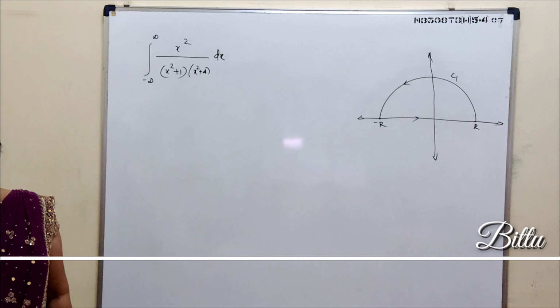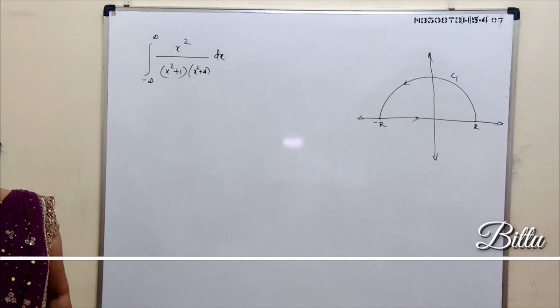Among these four singularities, i and 2i are the singularities which lie within C. Here the upper semicircle is a very large semicircle covering the upper half of the z plane. So those singularities which lie in the upper half of the z plane are within C. In the upper half of the z plane we can see i and 2i. These are the only singularities of f which lie within C.